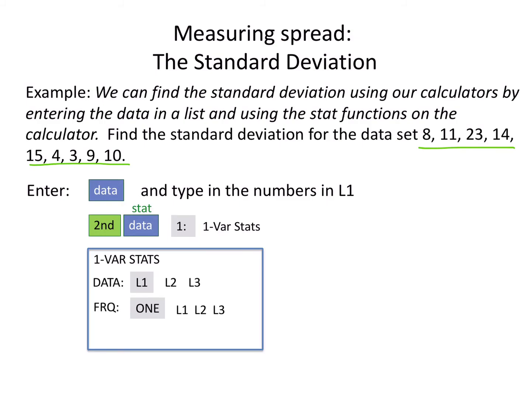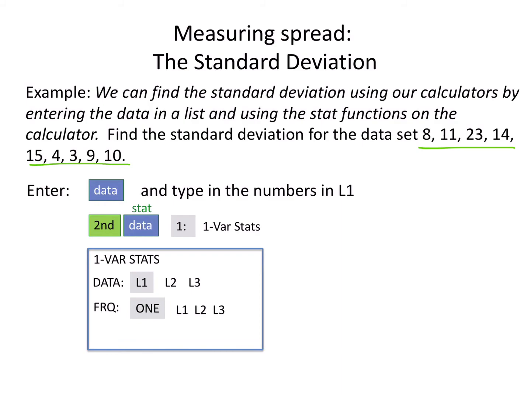So now what you should see is the 1 variable stats menu. For data, you want to highlight list 1 because that's where we've typed our numbers. If you've got a bunch of lists of data going, you might also have data in list 2 or list 3, and you could highlight the appropriate list that you want. For frequency, we are always going to highlight 1.